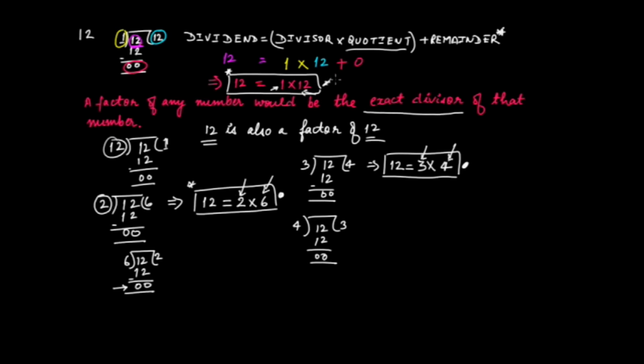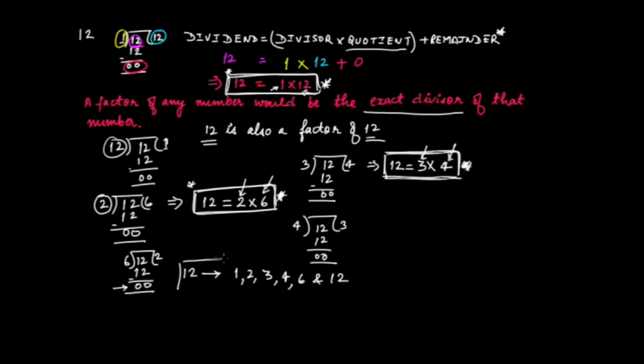The factors of 12 are 1 and then 2 and then 3, then 4, then 6, and finally 12. So these are the factors of 12 on the basis of the results that we got by dividing 12 by different numbers.